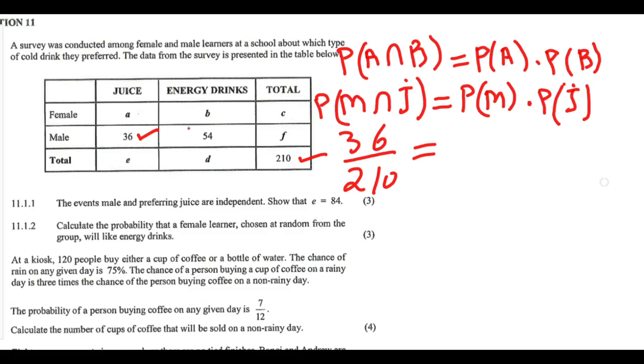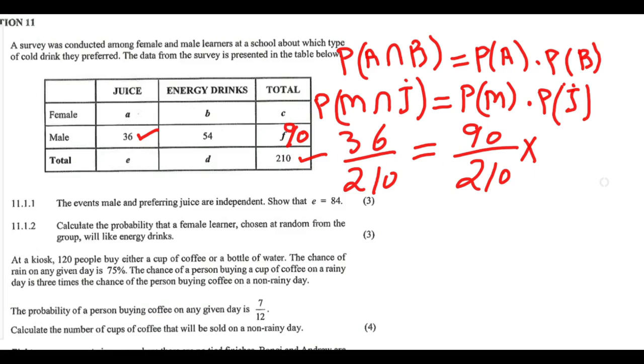This is the male, so this is a row. We have to look this way. So 36 plus 54, that will be 90. So the probability of male is 90 over 210.